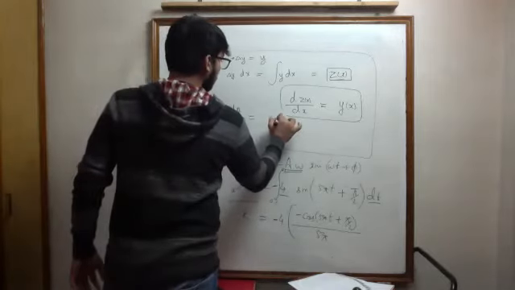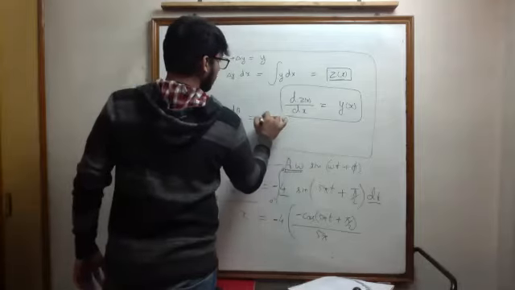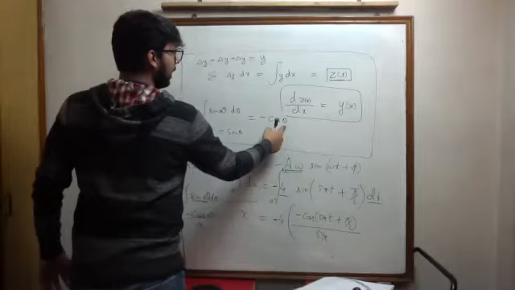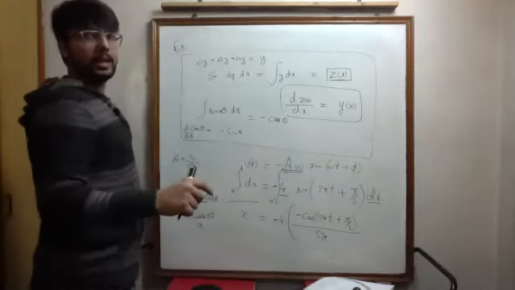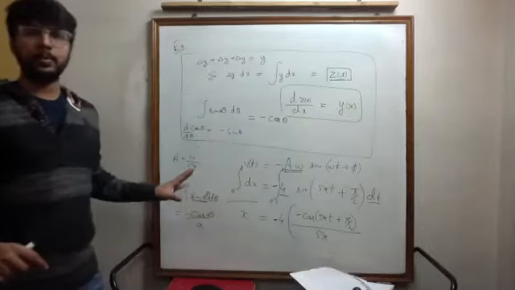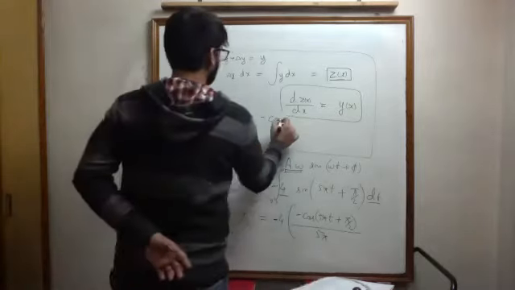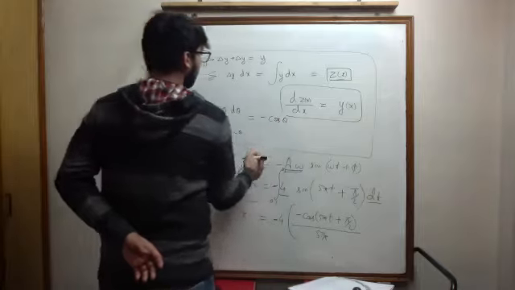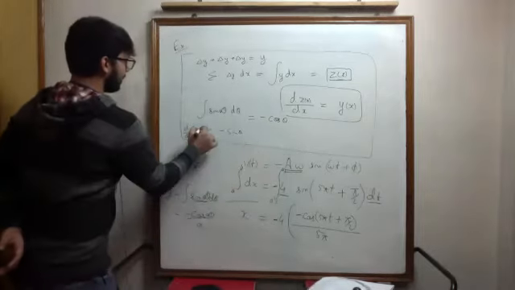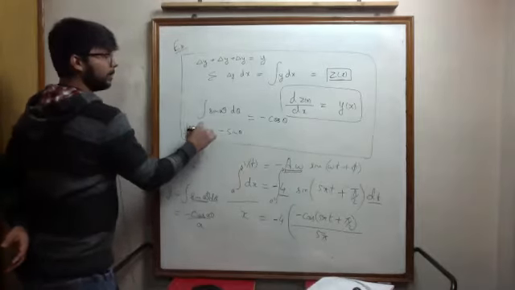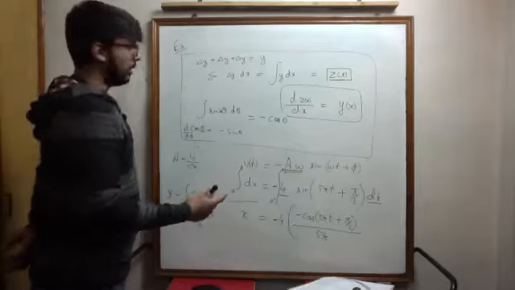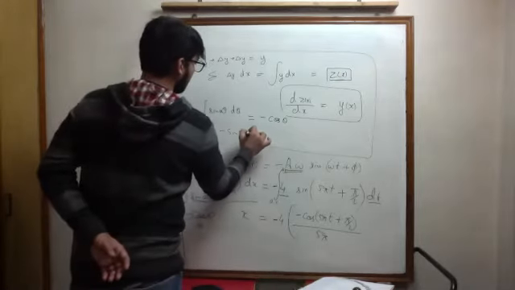सो मैं यहाँ पे लिखूंगा कॉस थीटा जो माइनस है, क्योंकि नाउ इफ आई डिफरेंशिएट कॉस थीटा इट विल गिव मी माइनस साइन थीटा, और ये बाहर का जो माइनस है वो प्लस ऐड हो जाएगा एंड आई विल गेट दिस वैल्यू, ठीक है। आई एम स्टिल टॉकिंग इन थीटा राइट नाउ, ए मैं अभी लगाऊंगा नाउ। अब ये डिफरेंशिएशन का प्रॉपर्टी होता है वापस से कि जब इसके अंदर मेरा वैल्यू है, इसके अंदर भी अगर कोई फंक्शन है मेरा, तो मैं उसको भी डिफरेंशिएट करता हूँ, ठीक है, कि it's actually this into 1.